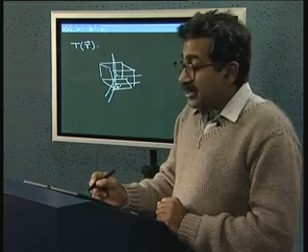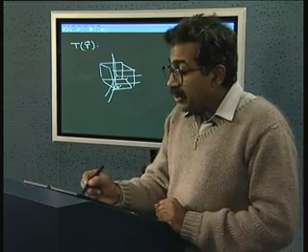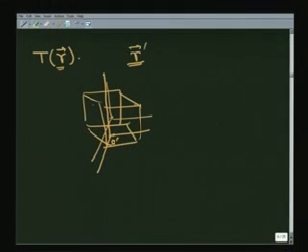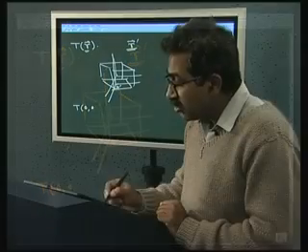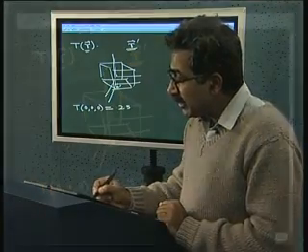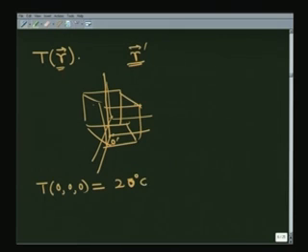However, what is it that is going to happen? When I do that, what I called r in my original coordinate system will be called r prime in my new coordinate system. So what? In my original coordinate system, I say T at 0, 0, 0, that was the origin, was given by 20 degrees Celsius. That is what I wrote. Now, if the room has a height h, I move down by a distance minus h by 2 in order to come to the center of the floor.